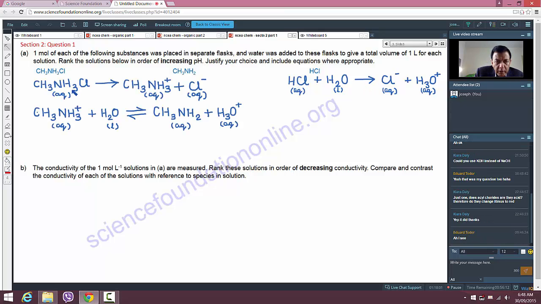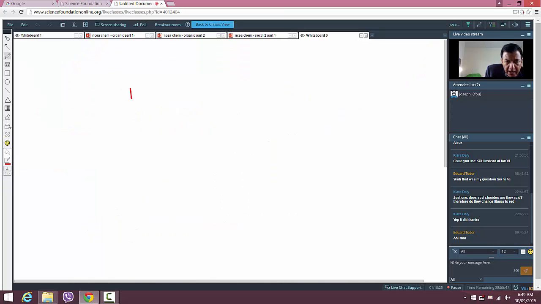Then let's look at what happens with CH3NH3Cl. I'm going to draw something here to help explain it. Ammonium ion, a bit like this: NH4 plus, chloride, ammonium ions and chloride ions.